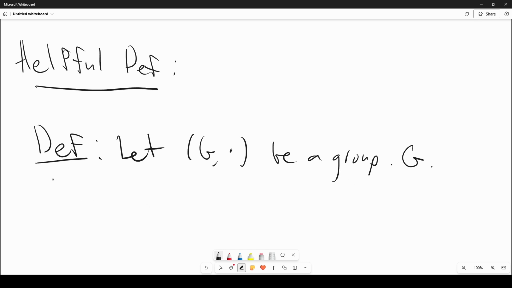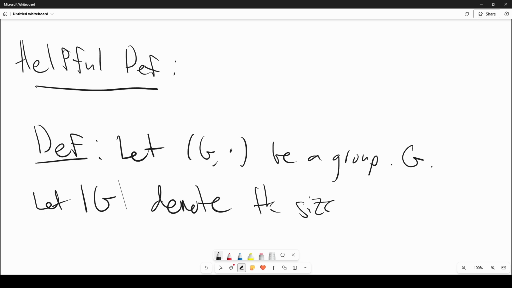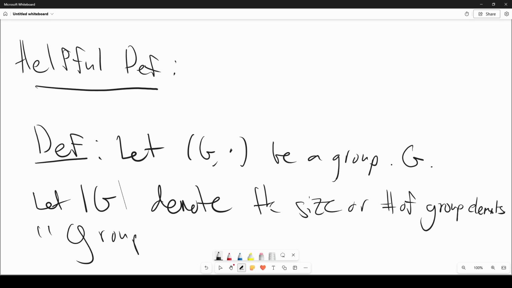Okay. Let this symbol denote the size or number of group elements. And usually this is called the group order.